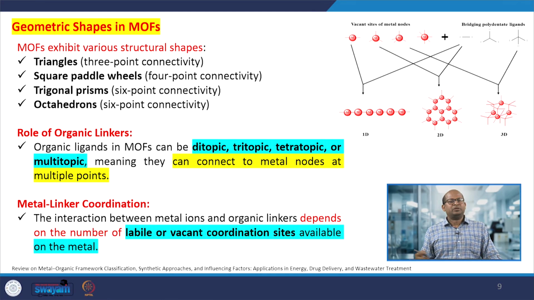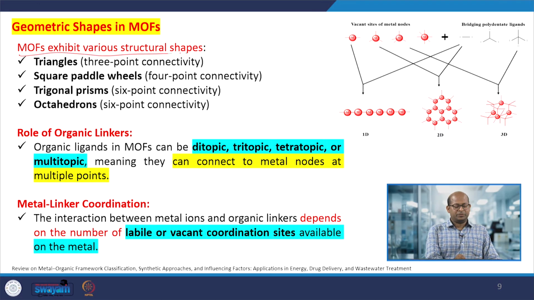For MOFs, we can use different linkers and different inorganic precursors, and once they form after condensation in a particular reactor, when it is prepared, it may form different types of structures. More than 20,000 structures have been developed, different types of MOFs have been prepared.